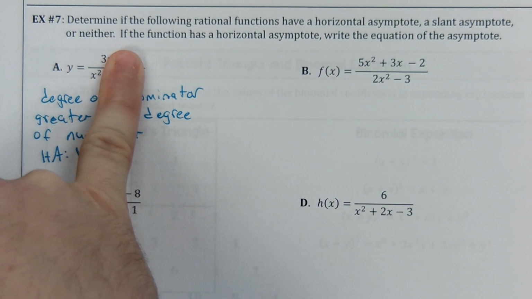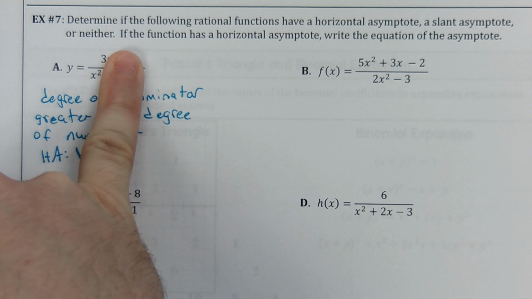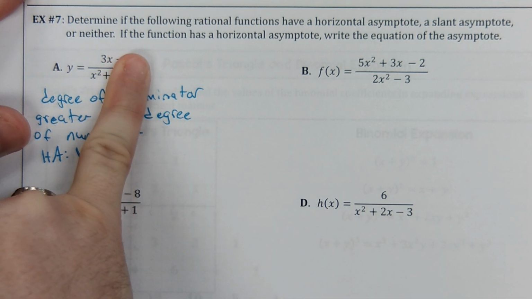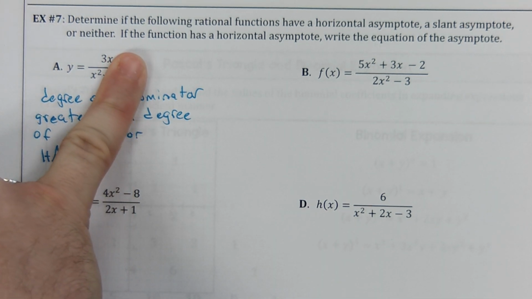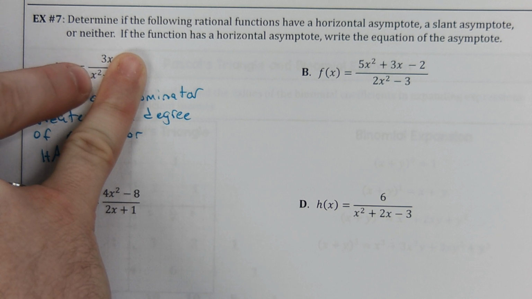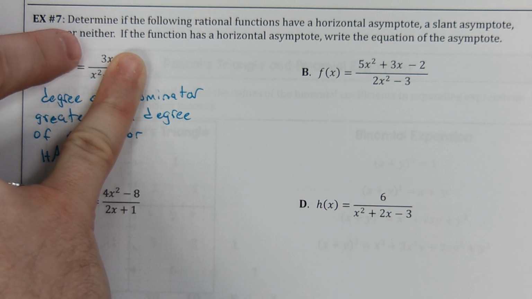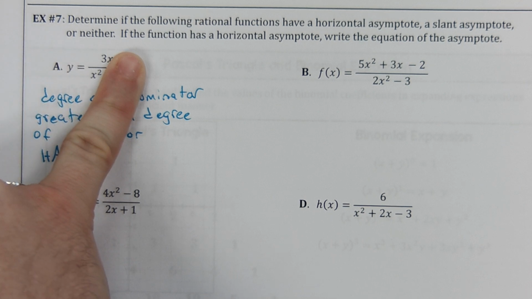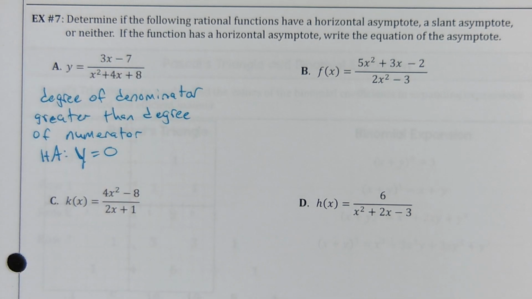If you simplify this, it reduces to 3 over x, right? Just because the x on top cancels one of the x's from the bottom. So as x gets bigger and bigger, this thing looks more and more like 3 over x.